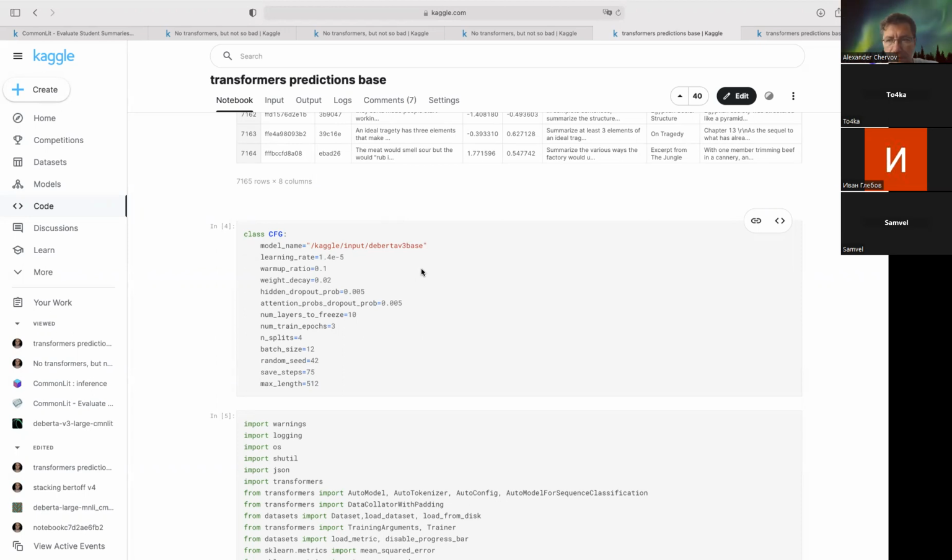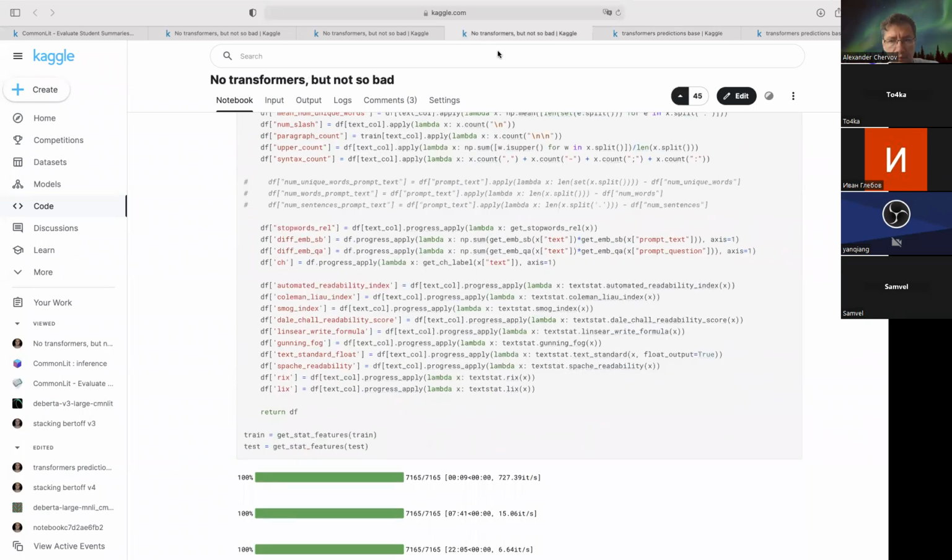But this competition is a code competition, and you have troubles and need skills to do blending and stacking. But an interesting thing: in one version of my notebook, "No Transformers, But Not So Bad", I used a model from the previous competition to calculate the target from the previous competition, used it as features, and it also got me good results. So this is one approach which you can use in this competition, for example, use a pre-trained model from the previous competition.